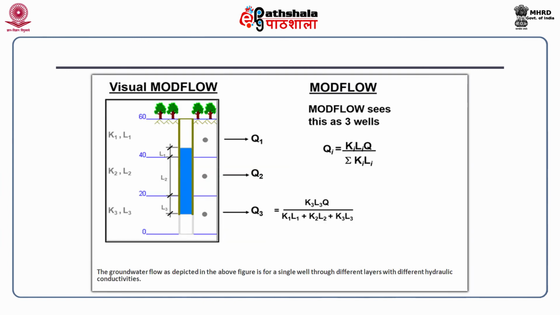And this drawdown condition is extremely important to understand, because the higher the drawdown, the more the chances of depletion, and faster depletion of groundwater. That is the reason that we have something called MODFLOW. Now MODFLOW is a computer program wherein the discharge is calculated for the soil in different layers, for the groundwater available in different layers, and here the hydraulic conductivity and the layers, as you can see, are mentioned.